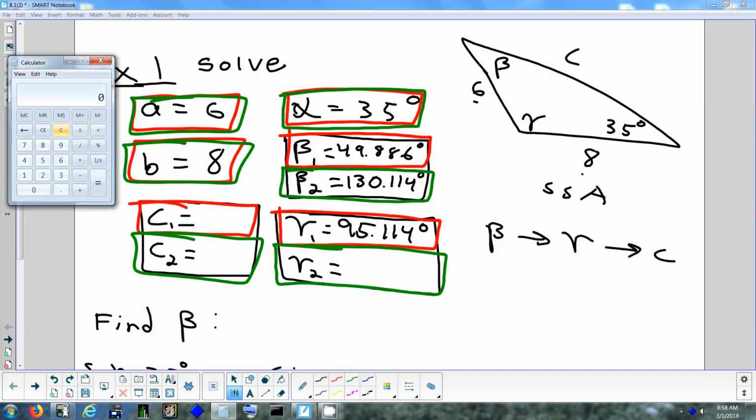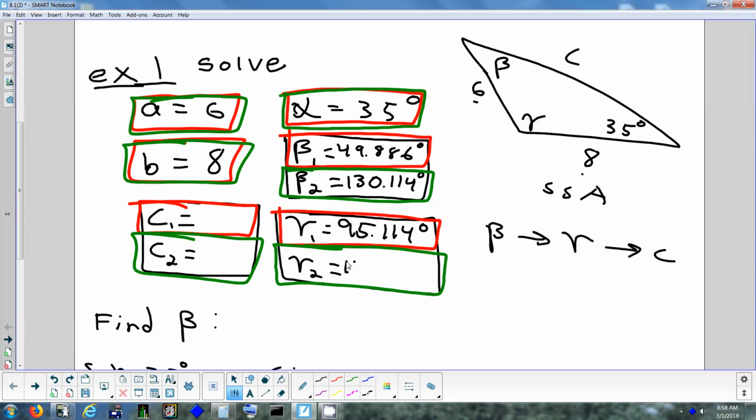So 35 and 130.114, so that's 165.114. And subtract that from 180. Okay, so that leaves 14.886 for gamma 2. Okay, now we're almost done. Last thing we need to do is find C1 and C2.